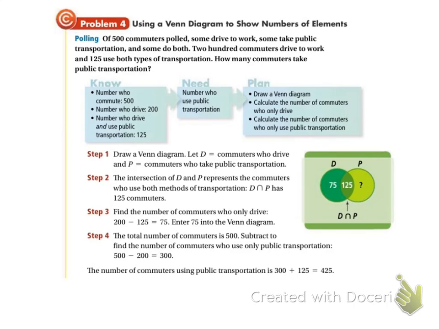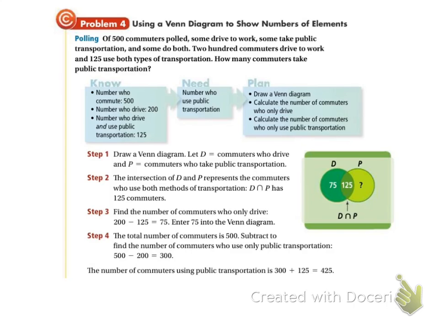Okay, we can also use Venn diagrams to look at the number of elements, the number of things that fit in there. So this is talking about 500 commuters polled, some that drive to work, some that take public transport, and some that do both. We're told that 200 commuters drive to work, and 125 use both types of transportation. Look down here at this Venn diagram.